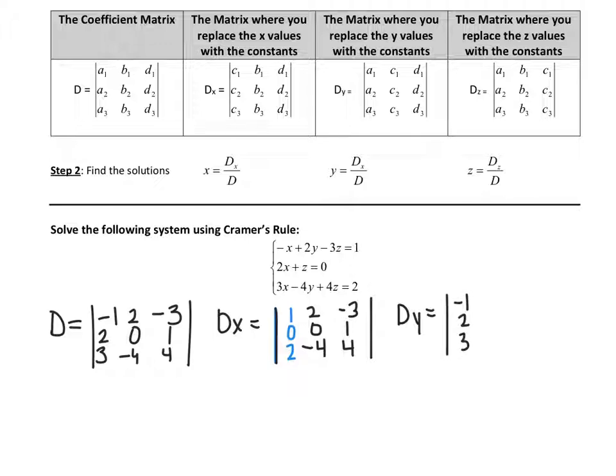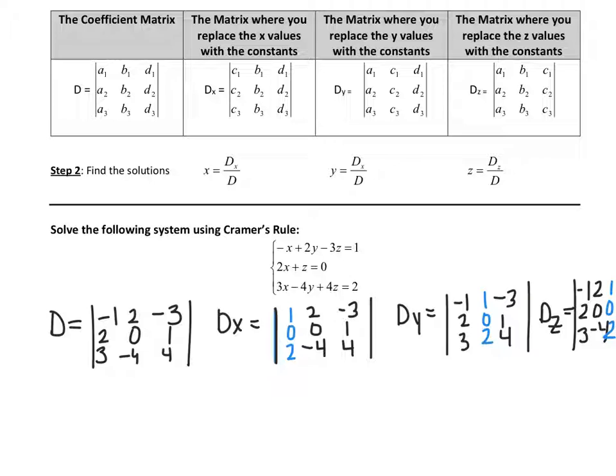So I'm going to keep the x's, replace the y's, and if I want to find d of z, I'm going to replace the z values with the constants. So -1, 2, and 3, 2, 0, and -4. I'm going to try desperately to fit this. -1, or excuse me, +1 with the constant, 1, 0, and 2.